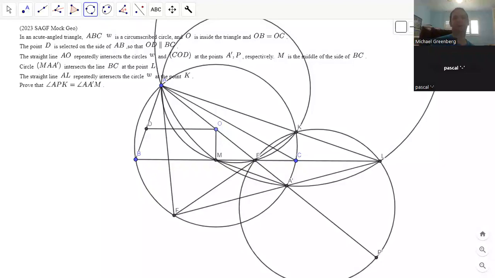So yeah, that's a very basic problem, but if you take the foot of the median and pick an arbitrary point on BC and connect it, then you want to show that A, E, K, and M is cyclic.